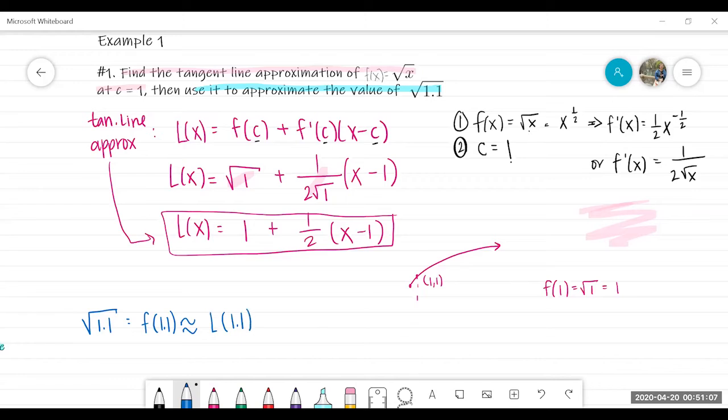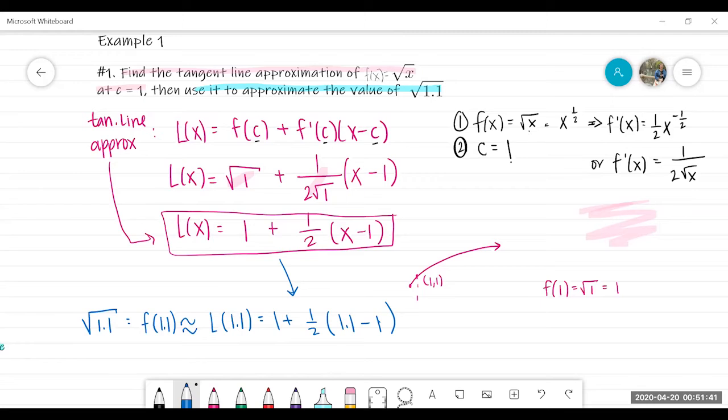So do you see how we're using this linear approximation to give an approximate value of the actual function itself? And then we just use this equation that we just found. So 1 plus 1/2 times 1.1 minus 1.